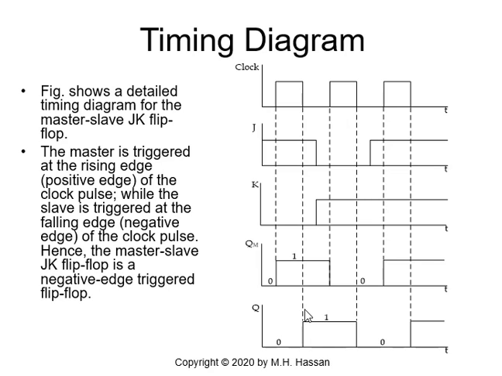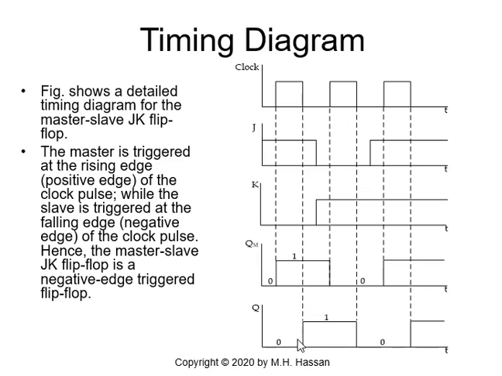Okay. So here, for instance, we start with the first pulse. At the positive edge, we see that J is 1 and K is 0. So this is a set mode. So QM will change from 0 to 1. At the negative edge, we see J is still 1 and K is still 0.